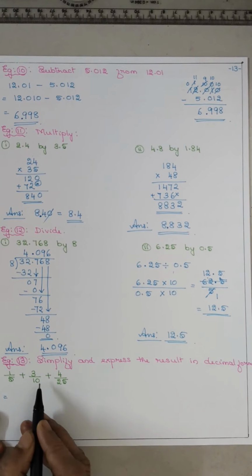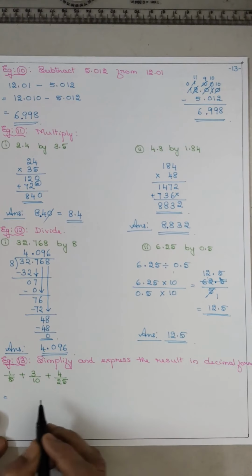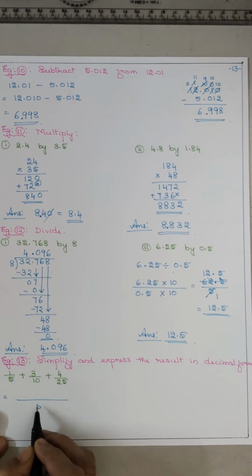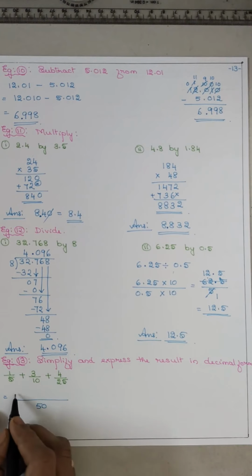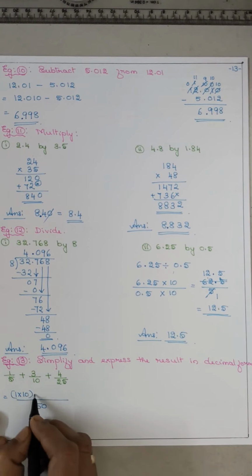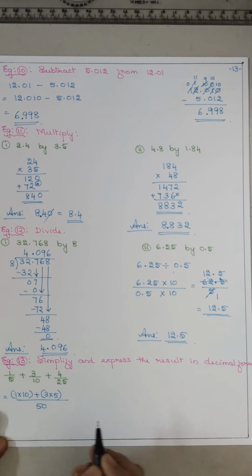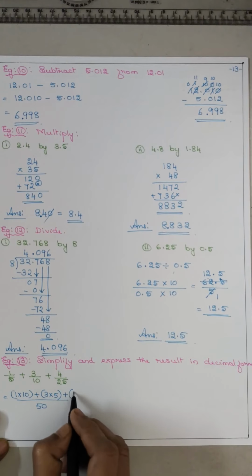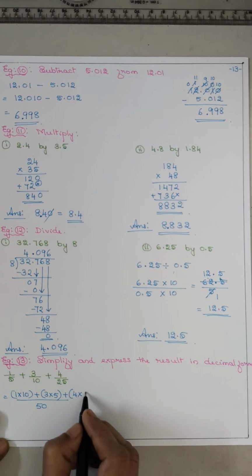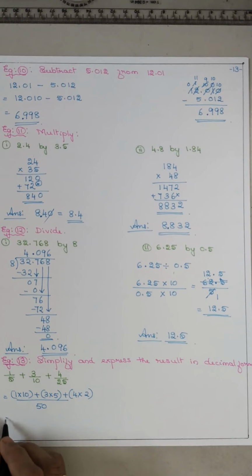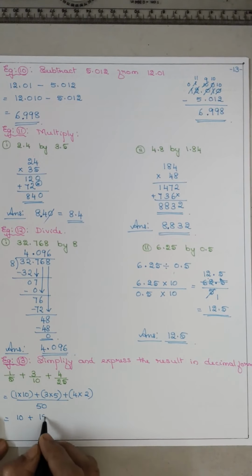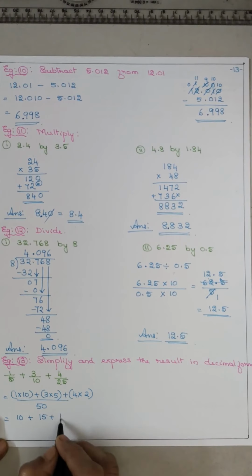Yes, 5 tens are 50, 10 fives are 50. So the LCM is 50. Now 1 into 5 tens are 50. 3 into 10 fives are 50. 4 into 25 twos. Now it will be 10 plus 3 fives are 15, plus 4 twos are 12, upon 50.